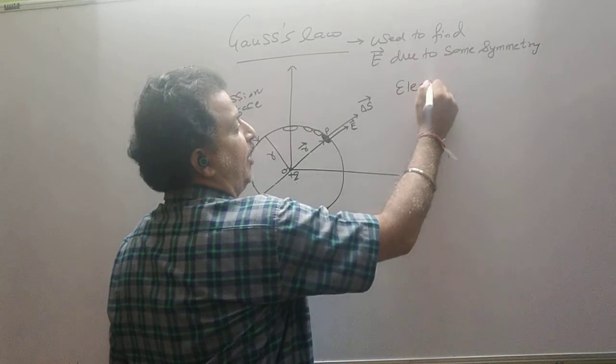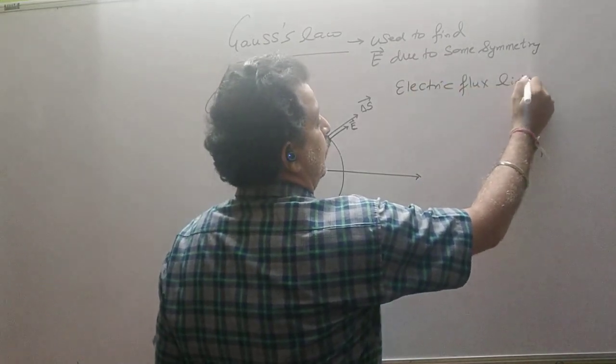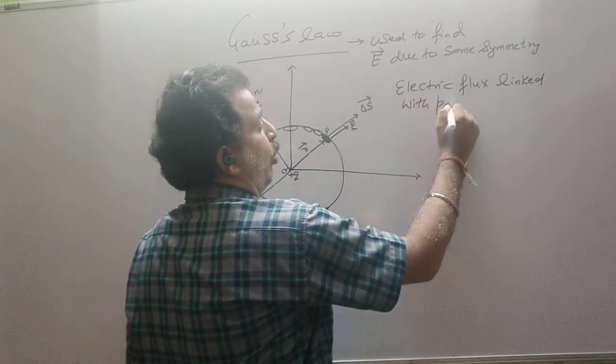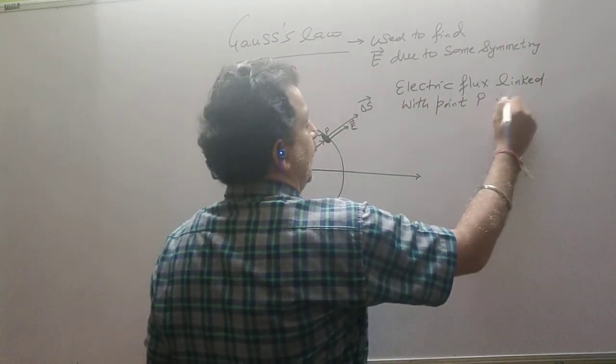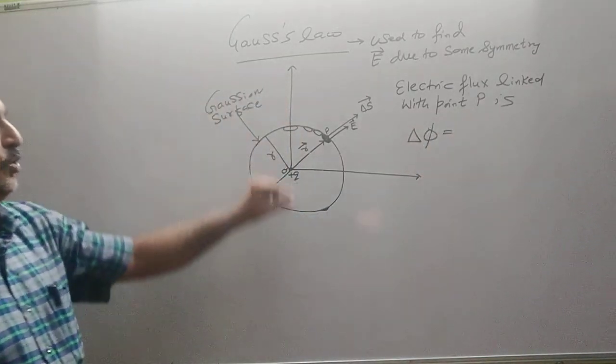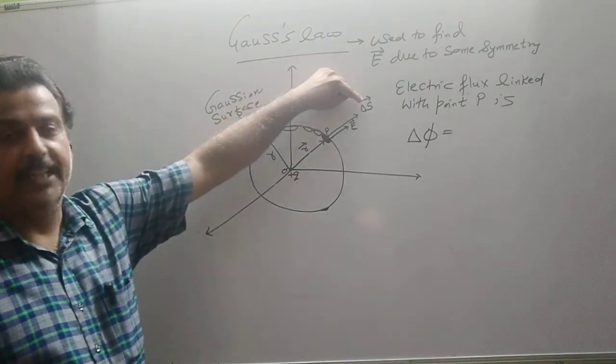So electric flux linked with point P is delta phi. Now if the element is very small, I may use dS also.